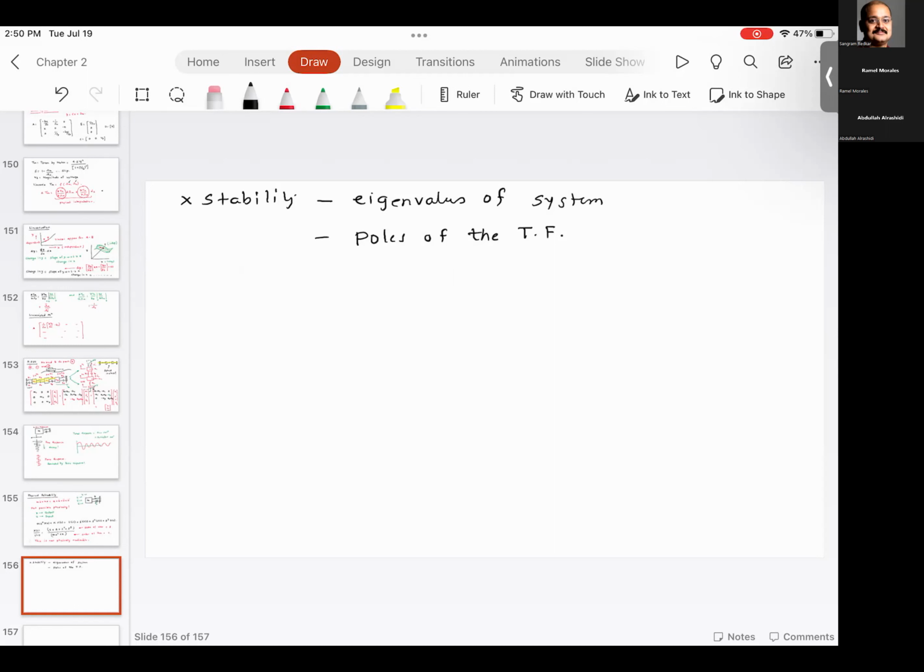So what I want you to do is remember this. If you have a system m x double dot plus kx equals f of t, and this f will say be a cosine omega t.